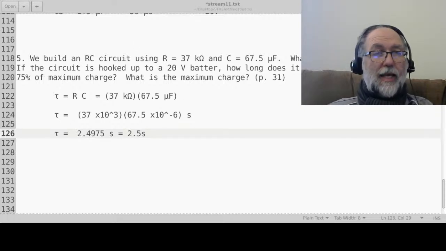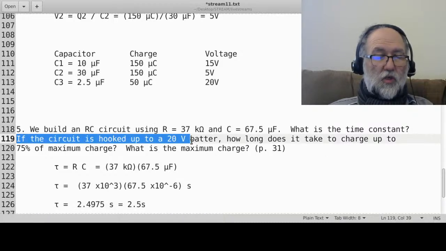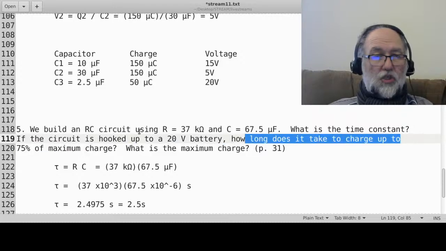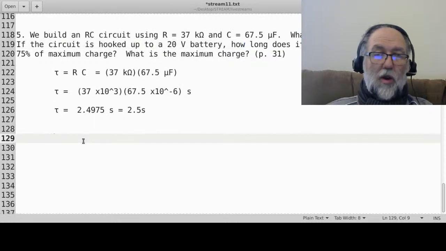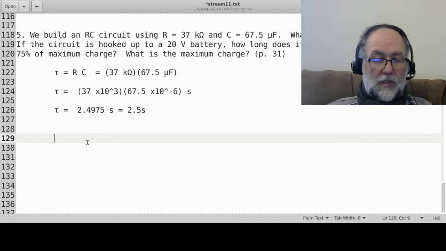Now the next thing is, let's read this question again carefully. If the circuit is hooked up to a 20-volt battery, how long does it take to charge up to 75% of maximum charge? For this you need the charging up formula. It's on page 31, and it looks like this.